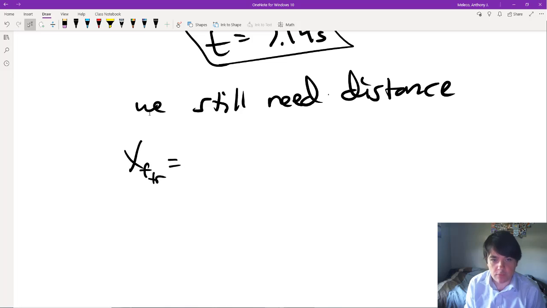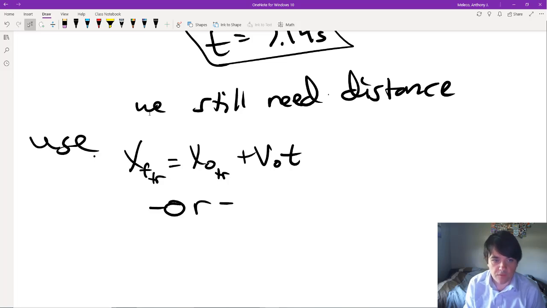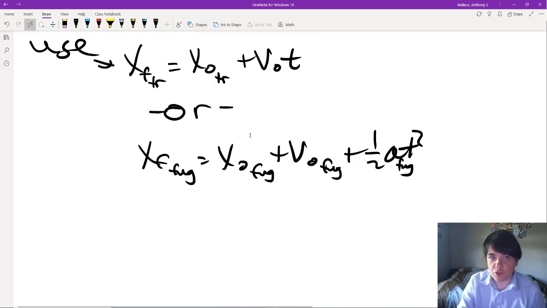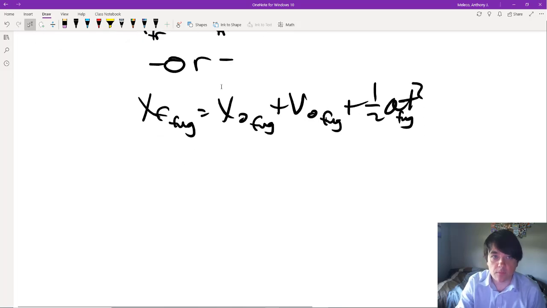X final train equals x initial train plus v naught times time, or x final fugitive equals x initial fugitive plus v naught fugitive times t plus 1/2 a t squared. Okay, we can use either one. So I'll show you the result of using both, and it should give you the same answer.